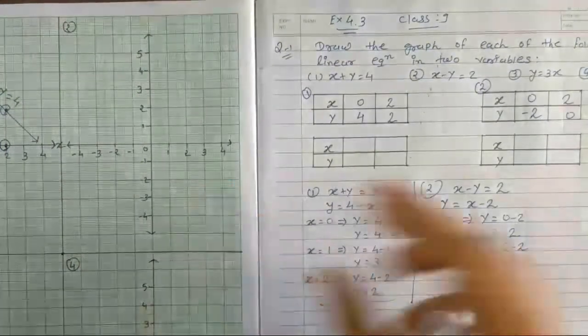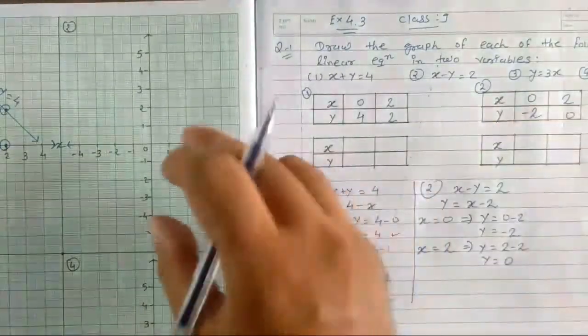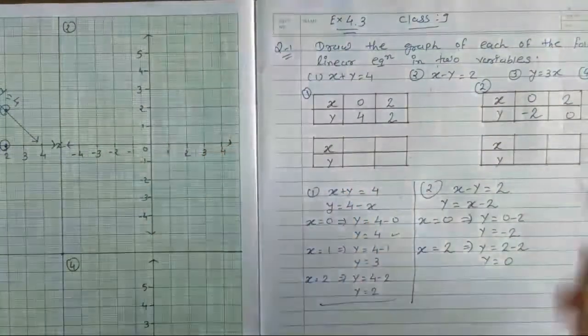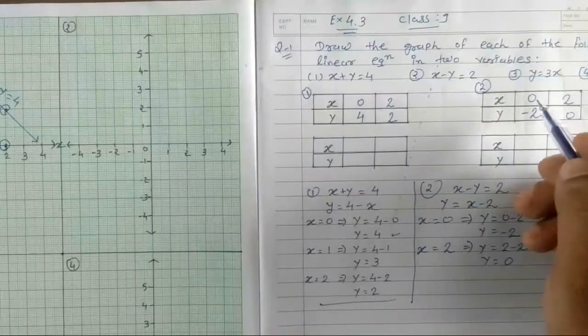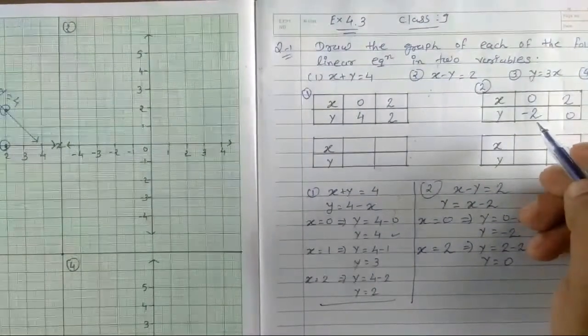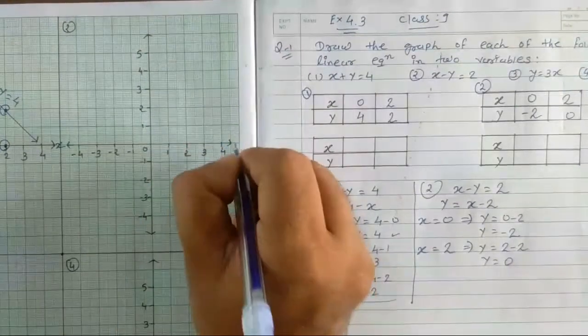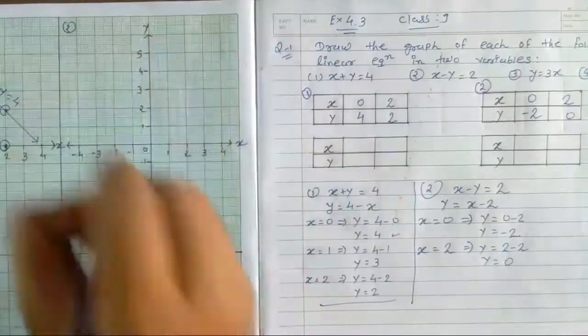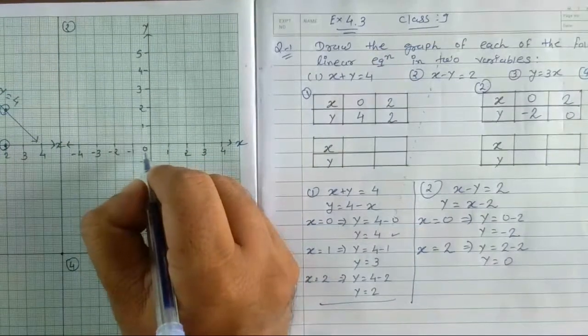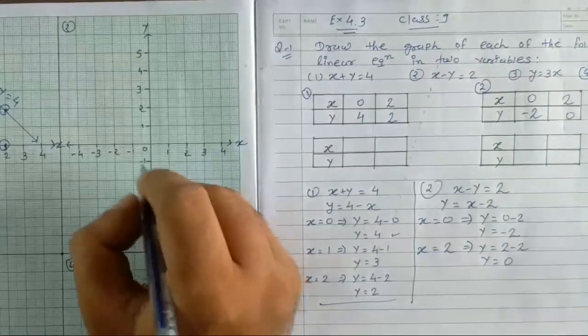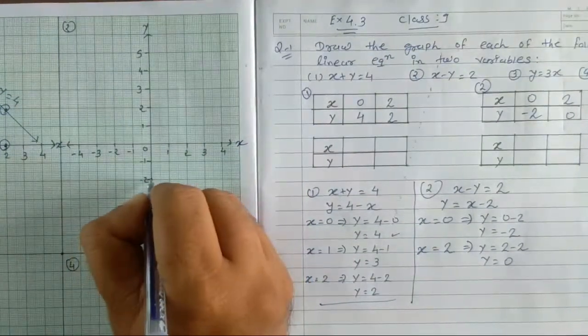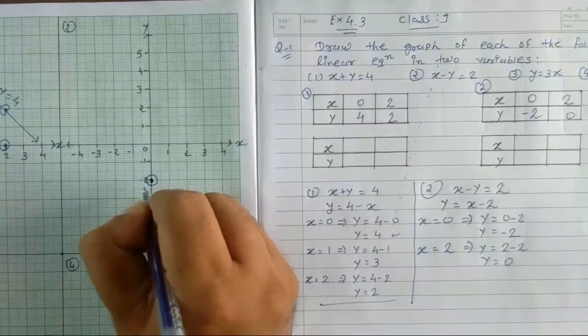So let us represent these coordinates on our Cartesian plane. First, when x is equal to 0, at that time y is equal to minus 2. This is our x, this one is y. So our first coordinate is here.